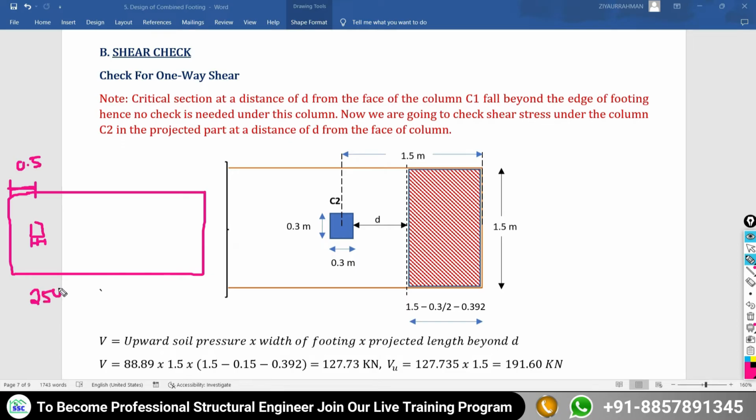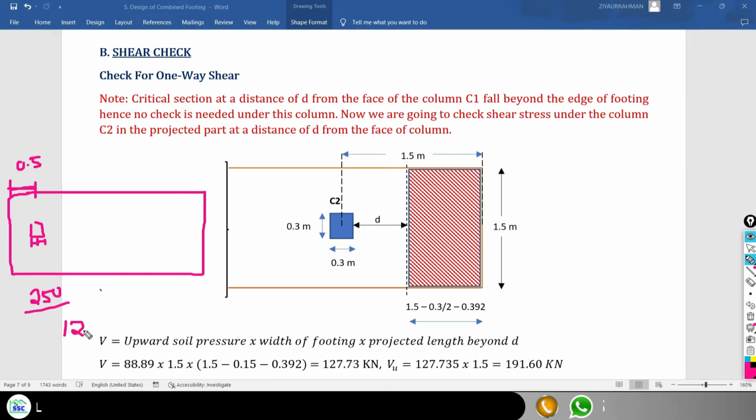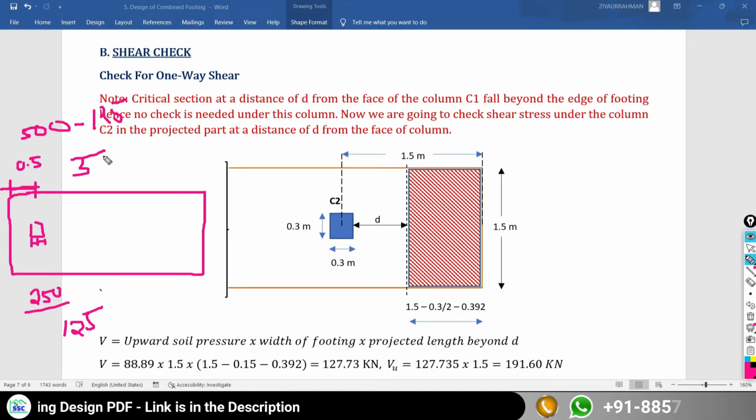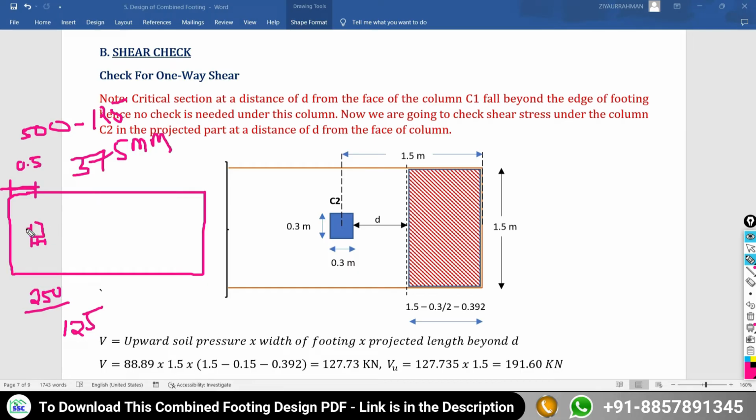Half of this 250 is 125, and the overall projection is 500 mm. So 500 minus 125, how much will you get? You will get 375 mm available projection from the face of the column up to the edge of the footing.